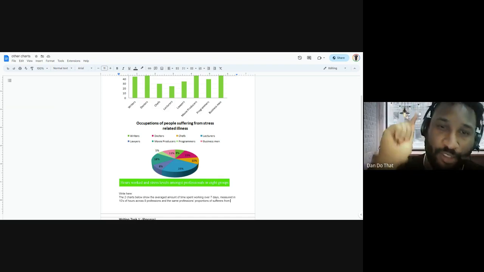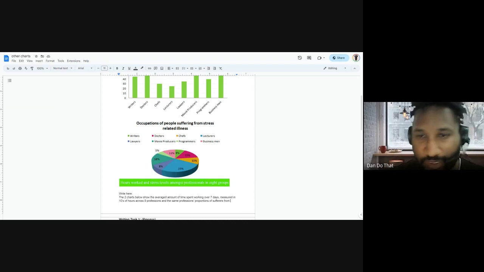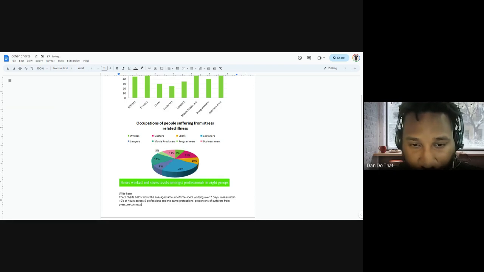We're changing stress related illness. You can try to do this word by word. So instead of stress, you can say pressure. Instead of related, you can say connected. Right? Related means connected or relating to.